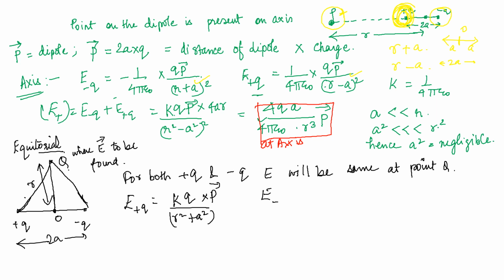Similarly, for E minus Q, it is given to be KQP divided by R square plus A square. That is how we are getting this R square plus A square is the distance from this plus Q charge to point Q.